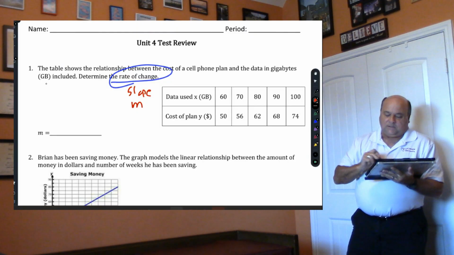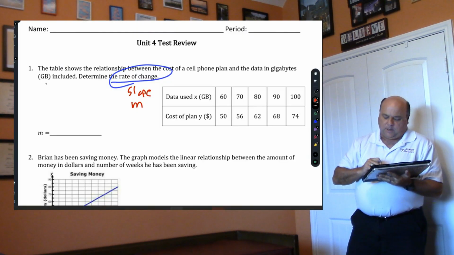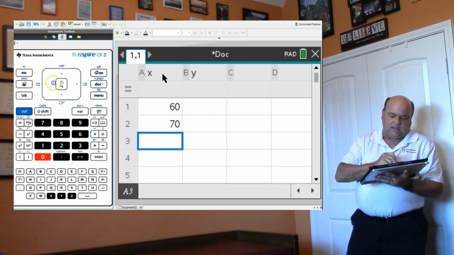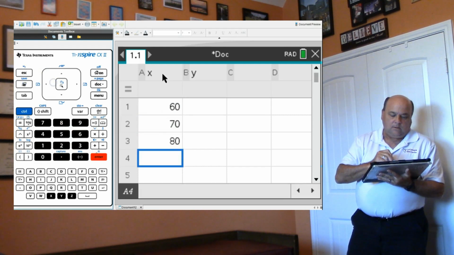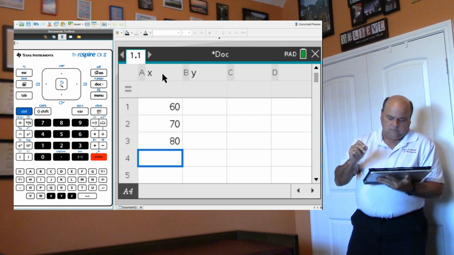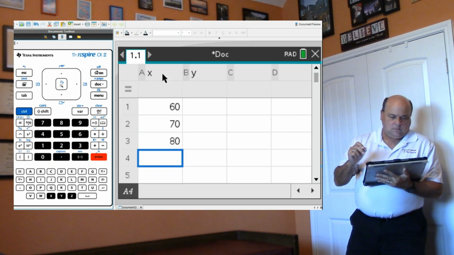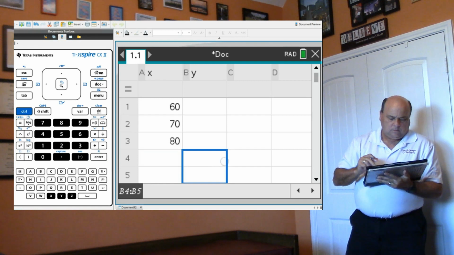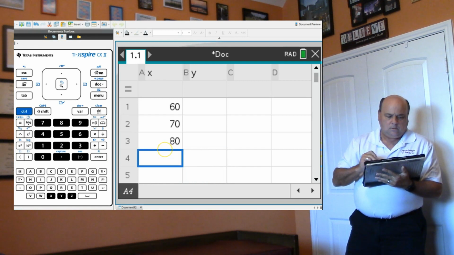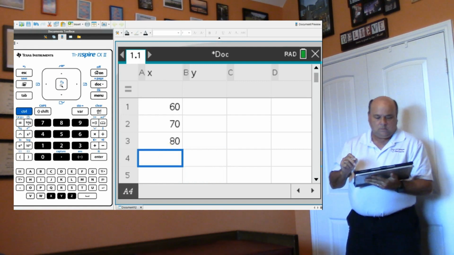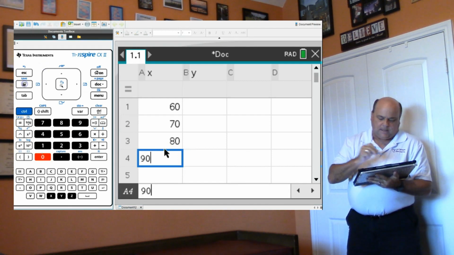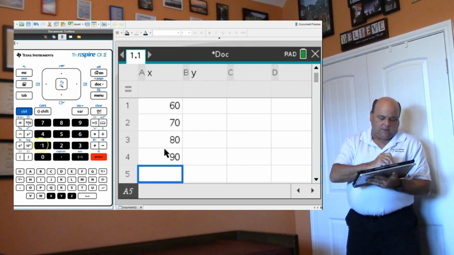So my table is going to be 60 to 100 on the X's. So 60, enter, 70, enter, 80, enter. Enter, sorry about that, and 100 enter.